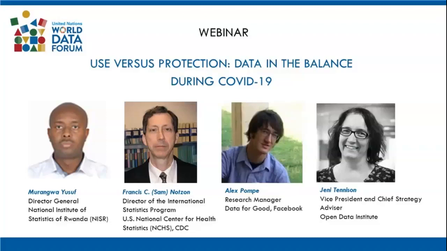So for example, within your National Center for Health Statistics, Sam, or within Facebook, who is looking at your algorithms, your analysis to make sure that they are unbiased, that they are ensuring confidentiality?